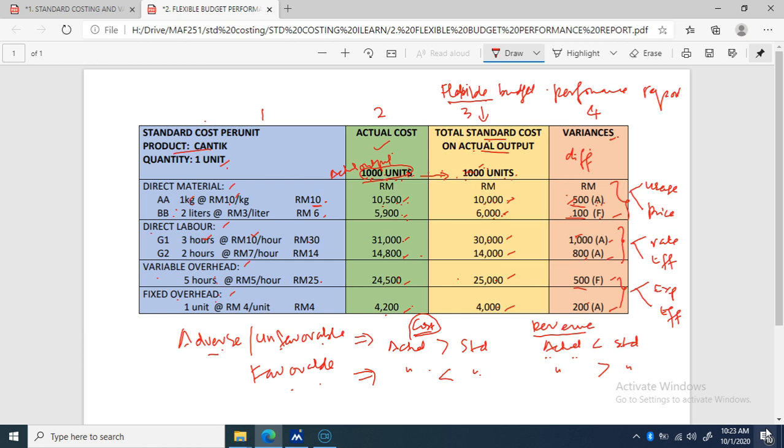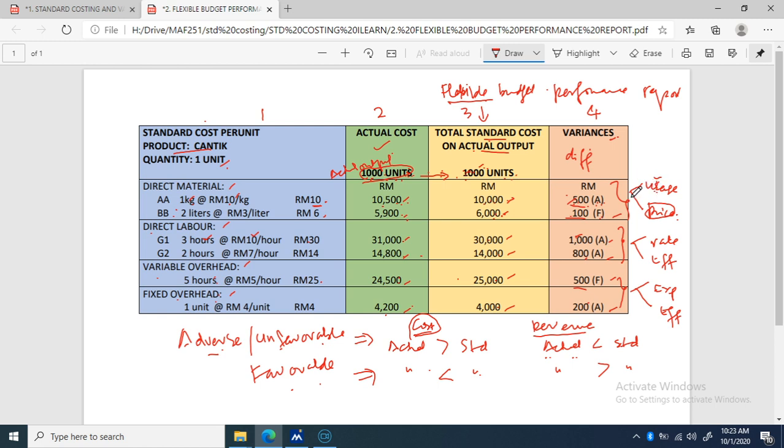So in this case, they have to investigate why there is a difference in the cost. Let's say here double A, why did you overspend on material A? Is it because the price keeps changing, keeps increasing? So what are the things they have to do to overcome the problem? The top management may decide to change to a new supplier that will give you a lower price, and so on. Or maybe because of usage, why do you use more material?